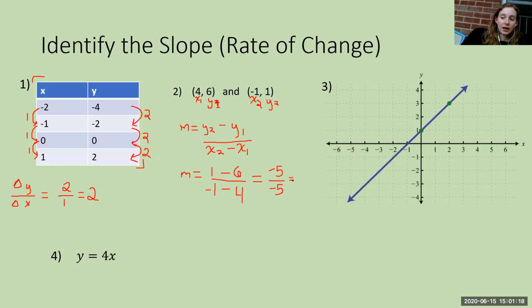We simplify that. So we could think of it as -5 divided by -5. We're going to get 1. So the linear function that passes through these 2 points has a slope of 1. That means each time x goes up by 1, the y is going to go up by 1.